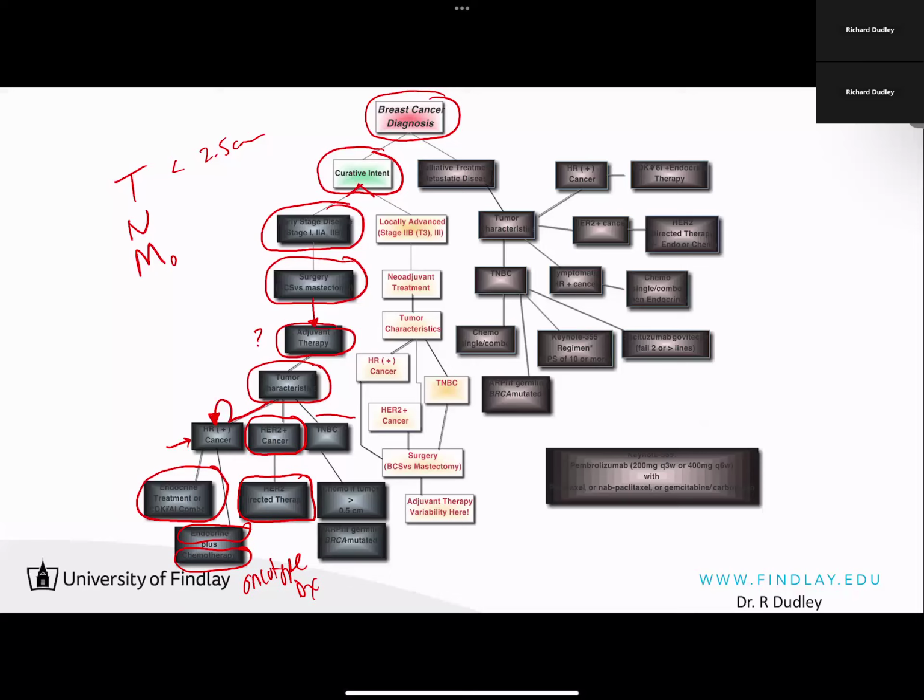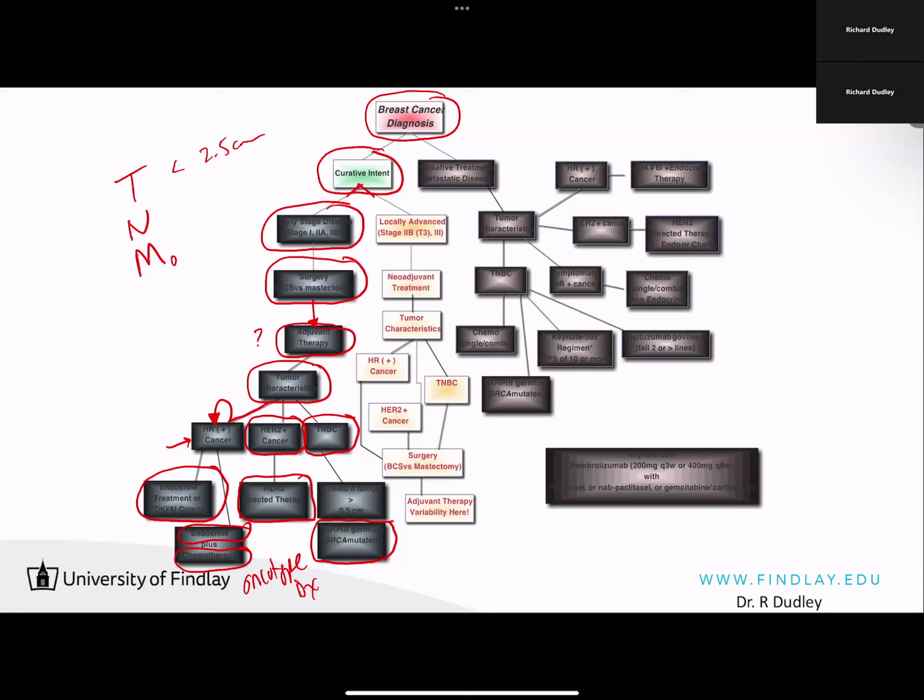And if that patient has a triple negative cancer in the adjuvant setting, we are going to give that patient chemotherapy as their adjuvant treatment. Then we're learning more and more about the benefits of PARP inhibitors if the patient has a germline BRCA mutation. And we'll talk more about that as we move forward.